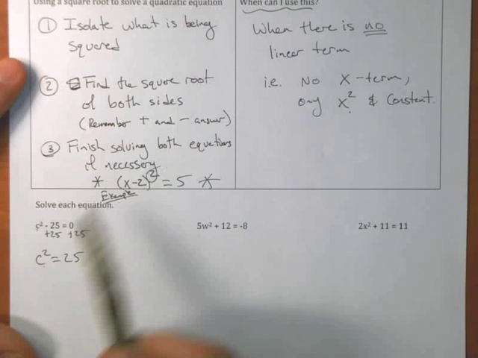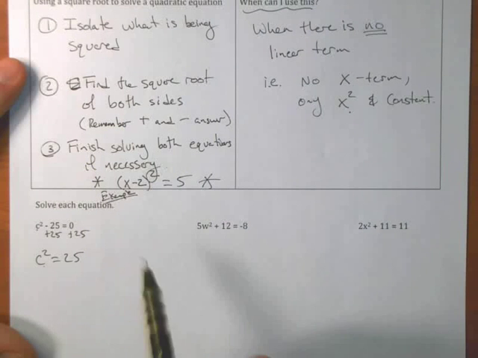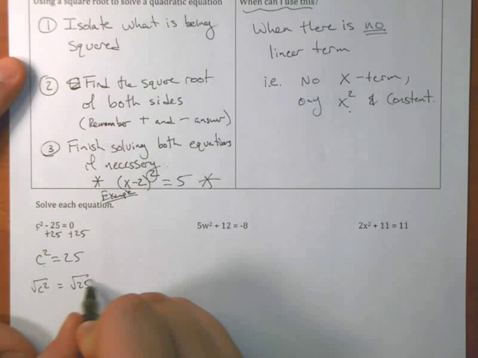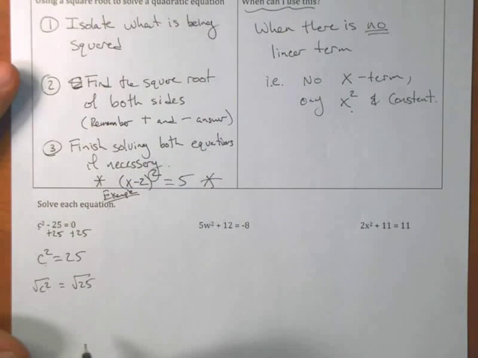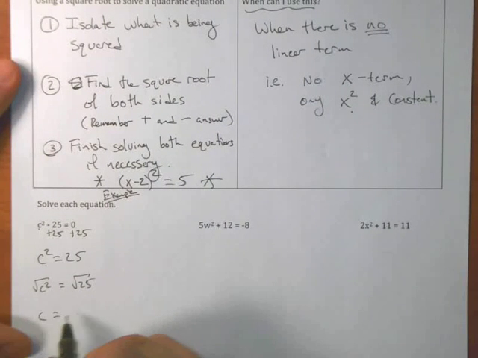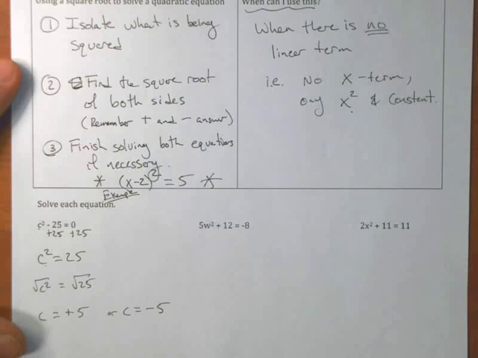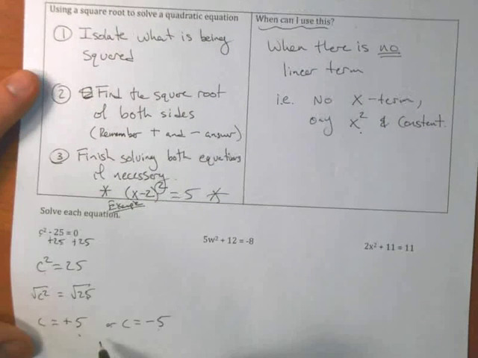Okay, so once I've got what's being squared by itself, then I find the square root of both sides. So I find the square root of c squared and the square root of 25, and that yields two answers. C could be positive 5, or C could be negative 5. Note there are two answers, because 5 times itself is 25, and also negative 5 times itself is 25.